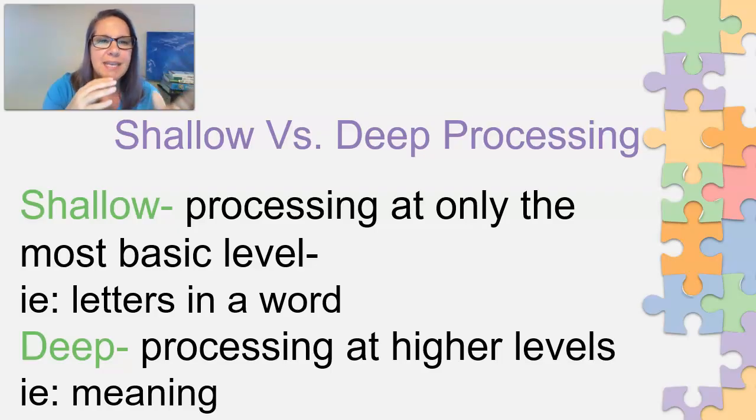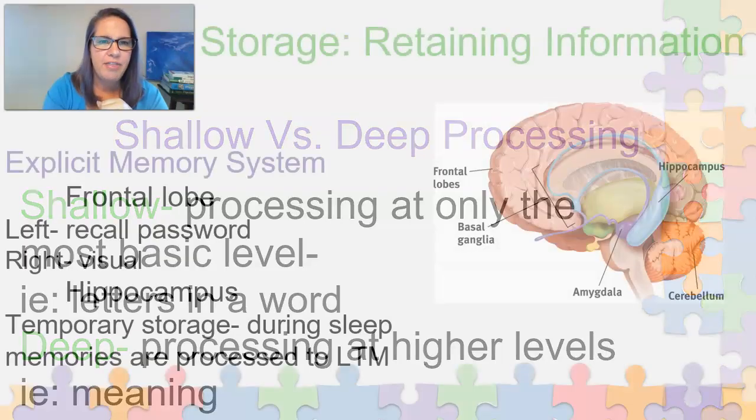All you're doing is counting letters or counting syllables or counting words or looking at numbers maybe. Whereas deep processing, you're processing at much higher levels. For example, the meaning behind words. So anytime that we are processing something at a deeper level, we are way more likely to actually remember those things. Okay. I think that is it.